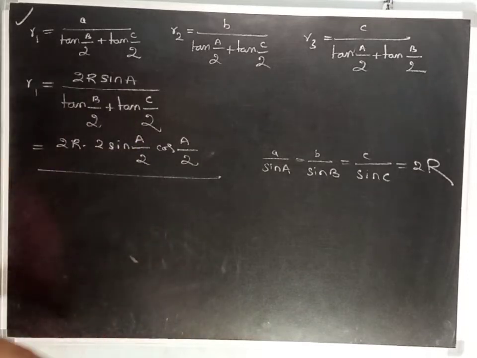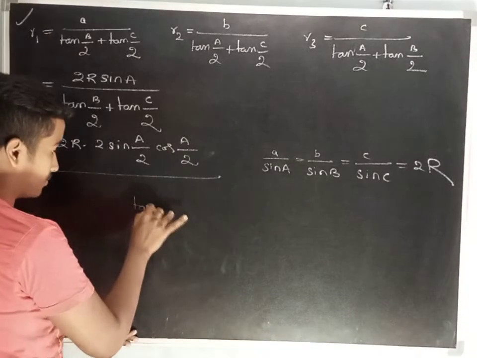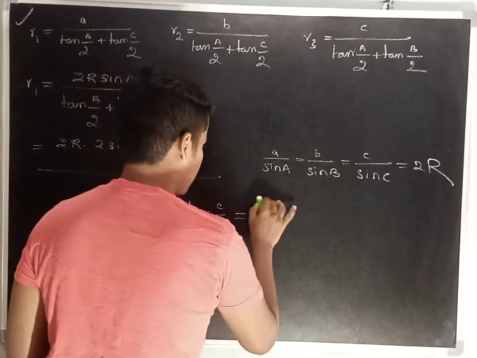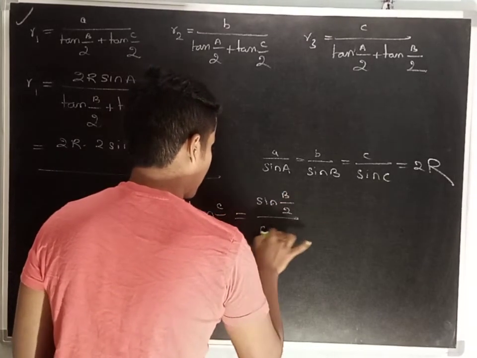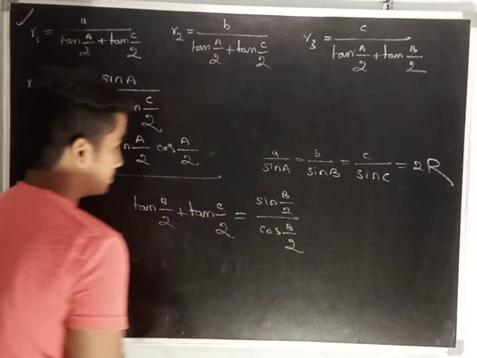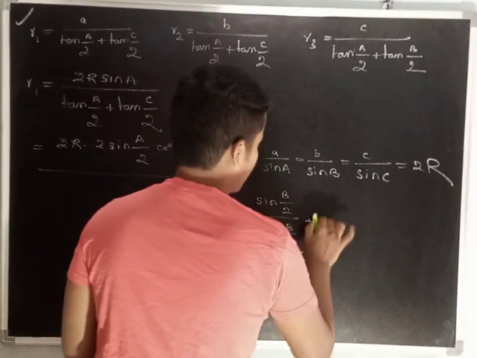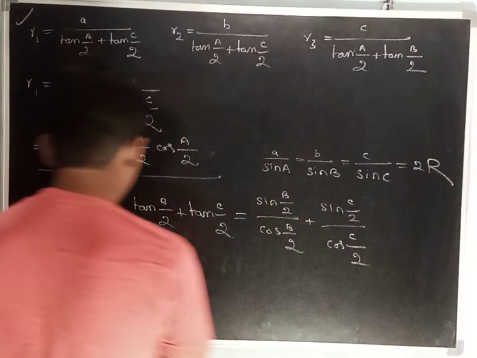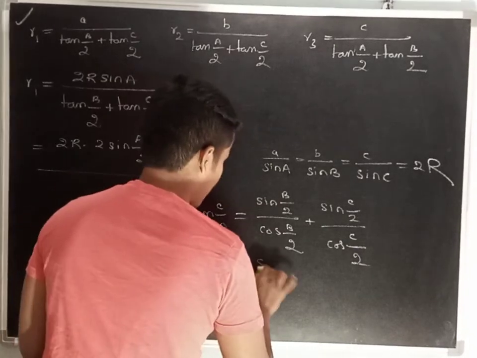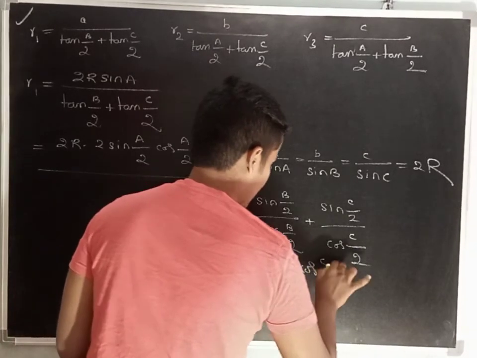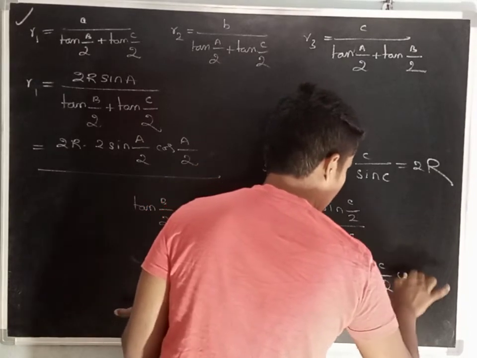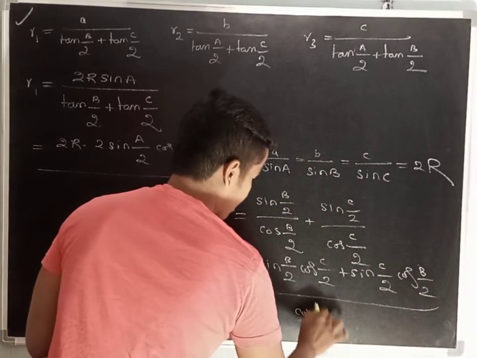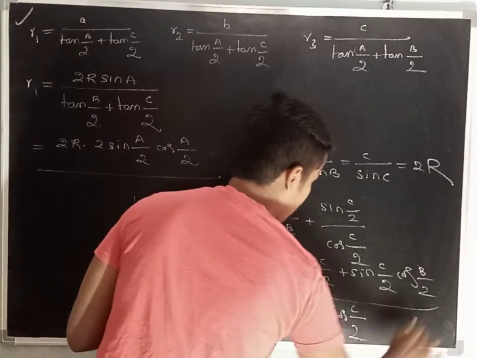Let's simplify this part independently. Tan B by 2 plus tan C by 2 is equal to sin B by 2 by cos B by 2 plus sin C by 2 by cos C by 2, which is sin B by 2 cos C by 2 plus sin C by 2 cos B by 2, divided by cos B by 2 into cos C by 2.